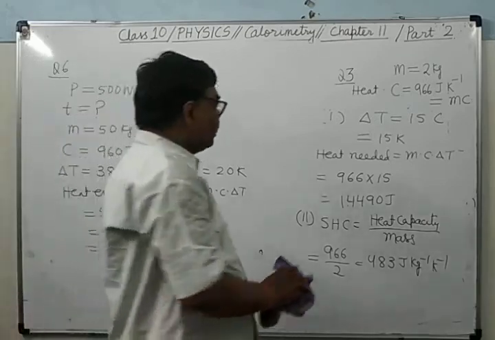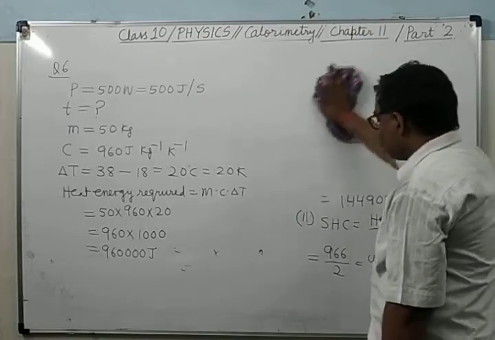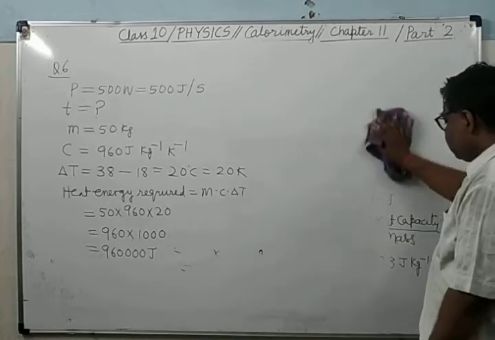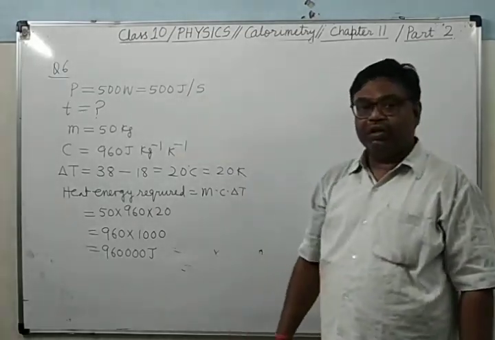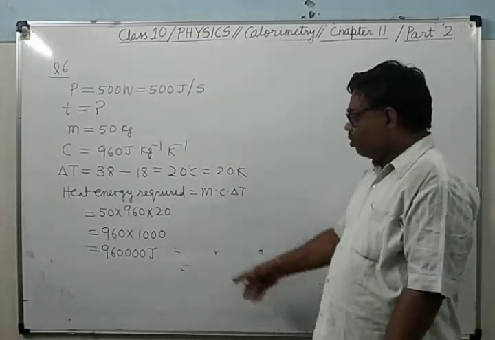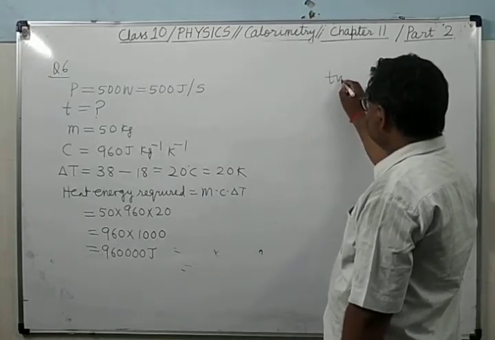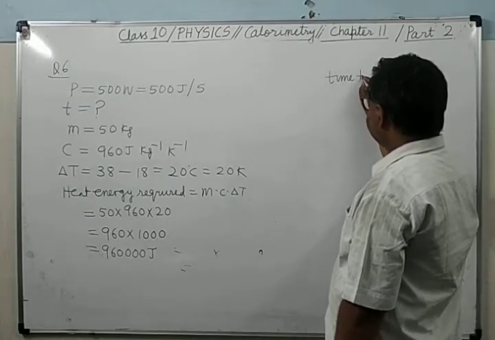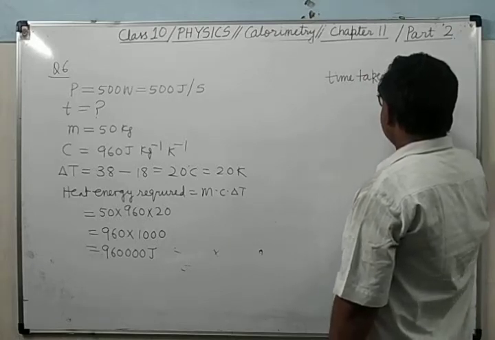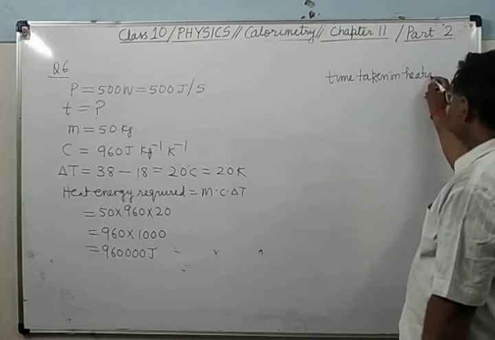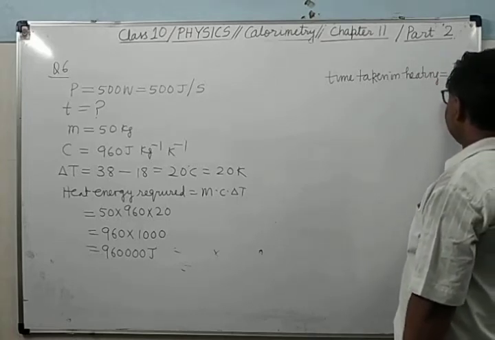You have to find in what time it will be heated. See here, the heater is supplying how much heat energy in 1 second? 500 joule. And how much heat energy is required? So time taken in heating will be equal to energy required divided by power.